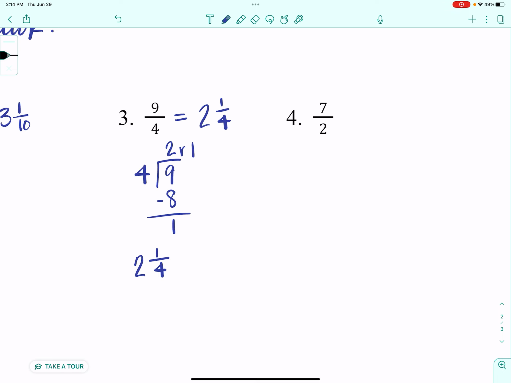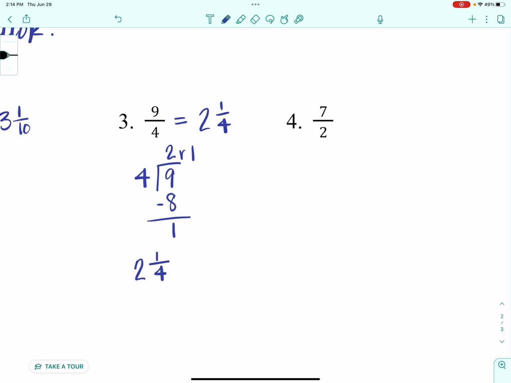Last one, I suggest you pause the video, try it yourself, then play the video and check your answer. I know that I can multiply 2 times 3 and get 6, and 1 more makes 7.